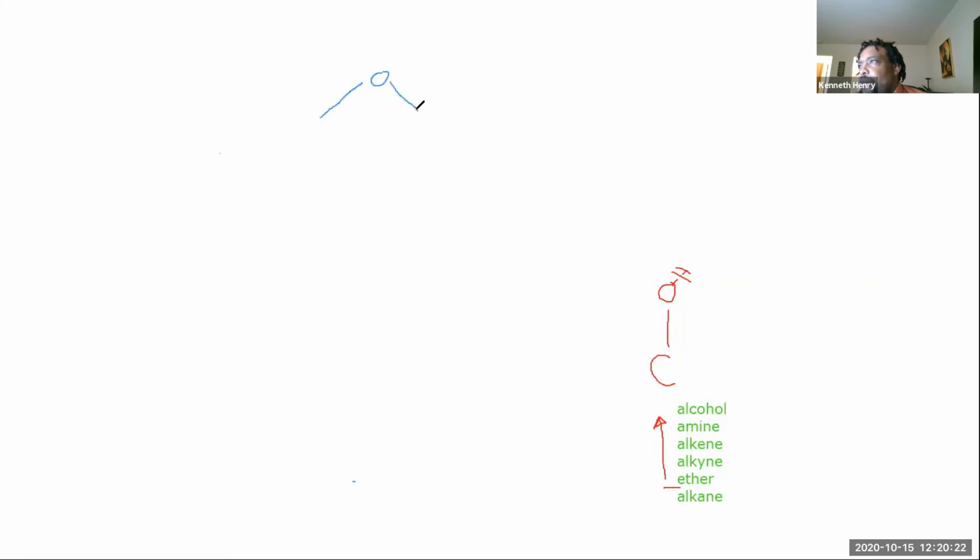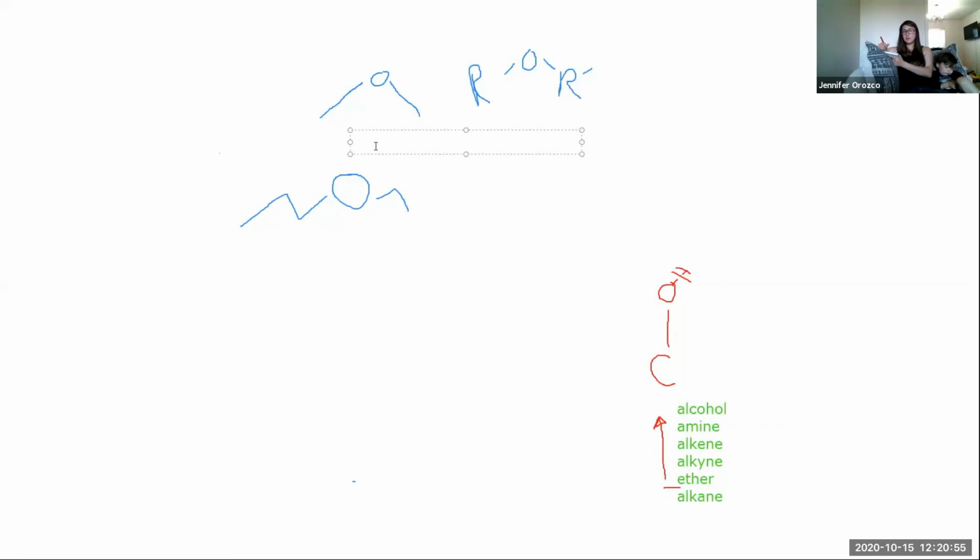The old way that we used to name them: ethers are just basically oxygens with two carbon chains attached to each side, similar to the amines. You saw how we handled the amines already. So with ethers, how many carbons do we have on each side? Ether is the family name.